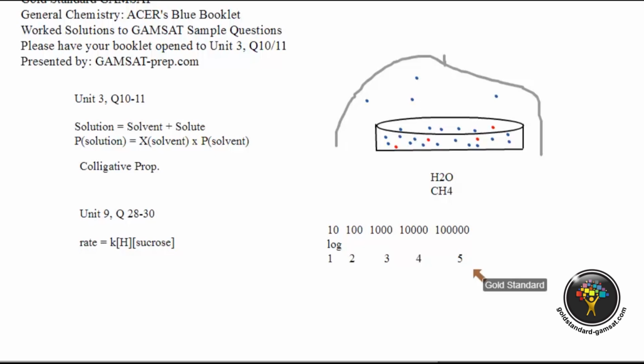So the first question is, let the rate of the reaction at pH 3 be R. If all the variables are kept constant except that the pH is changed to 2, then what is the new rate of the reaction? So what's the answer here? The pH is going from 3 to 2.